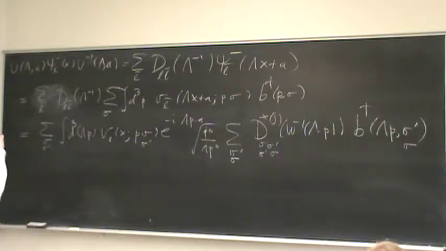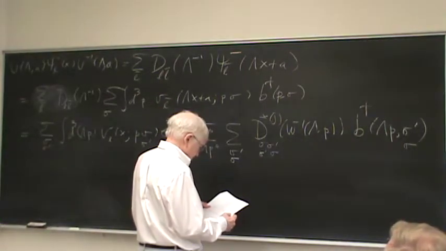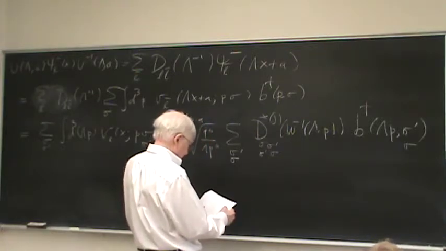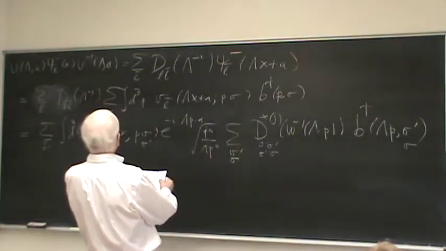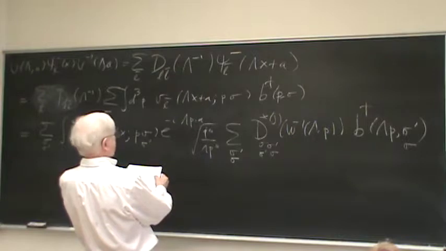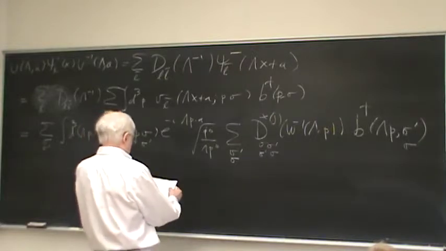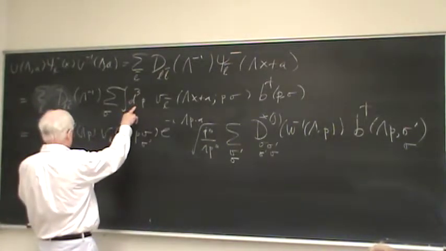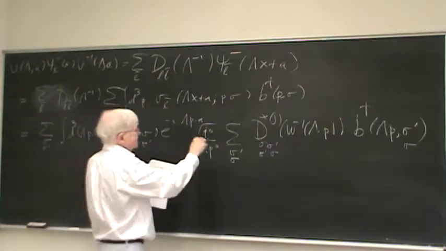And so now what do we have? Let's rewrite this equation, changing variables. Now we're changing variables from p to lambda p.